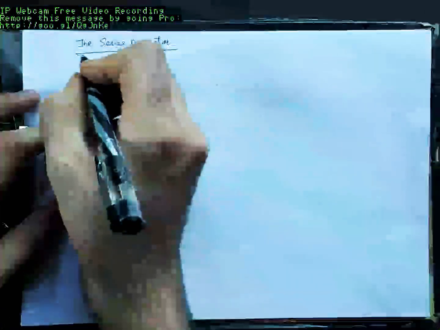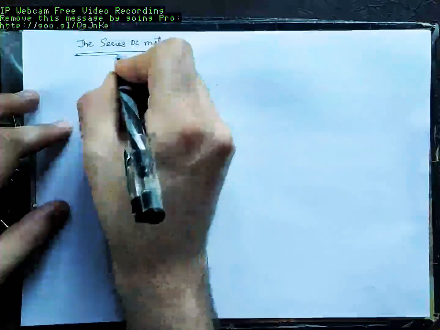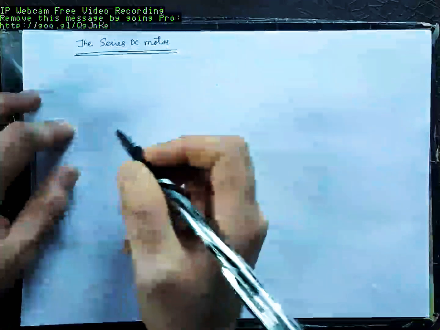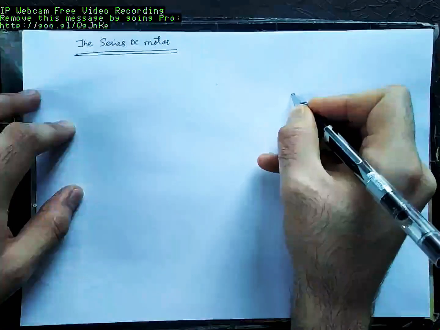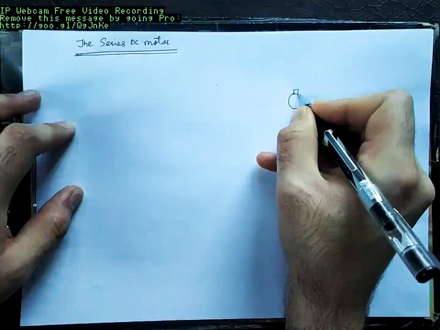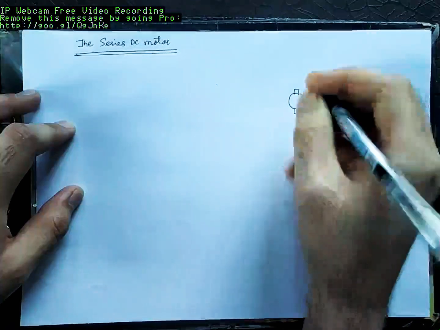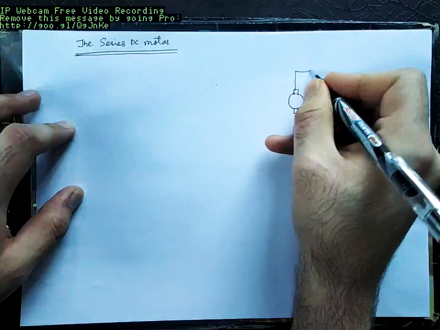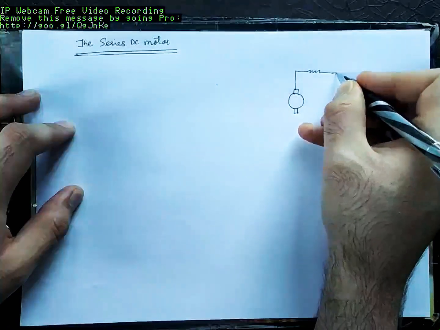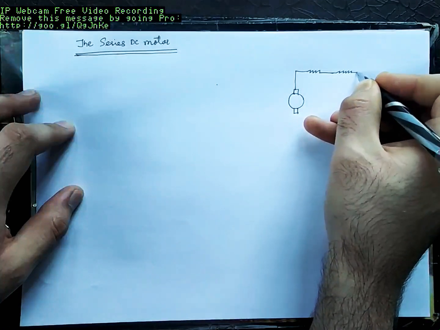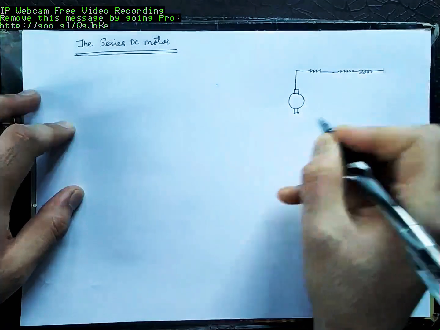As we've already discussed, in a series DC motor, the field winding is connected in series with the armature. Suppose this is the armature winding, this is the armature resistance RA, this is the field resistance, and this is the field inductance.